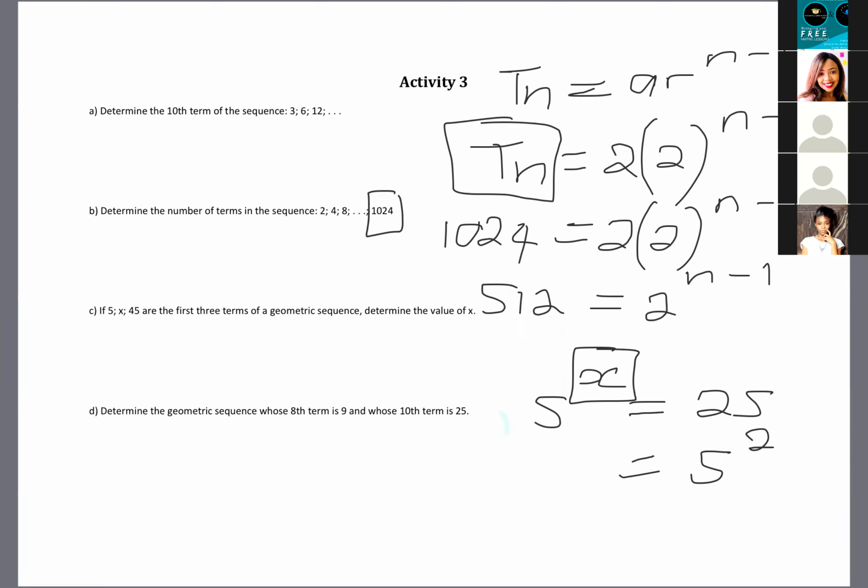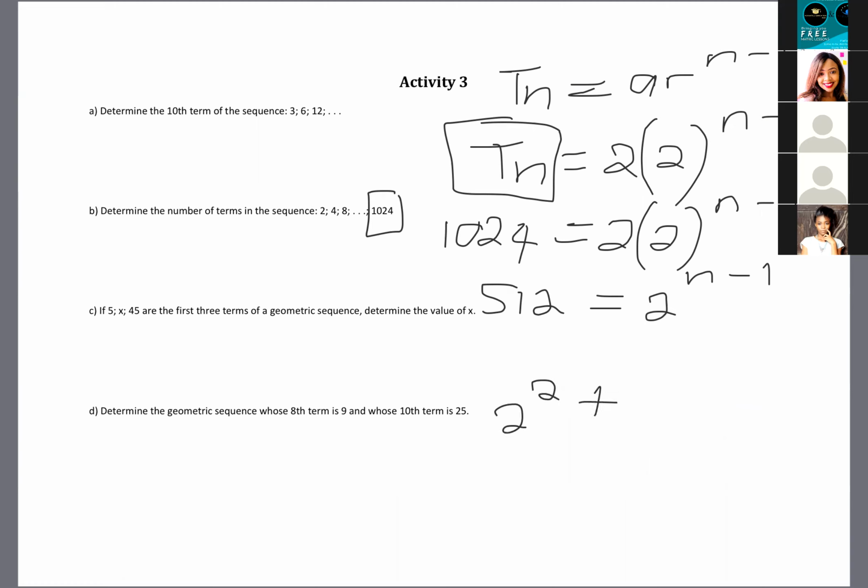Okay, let me explain it like this. Sorry, I'm going to confuse you. Let's do this. So if I have 2 squared multiplied by 4 squared, is it okay if I multiply these bottom terms?